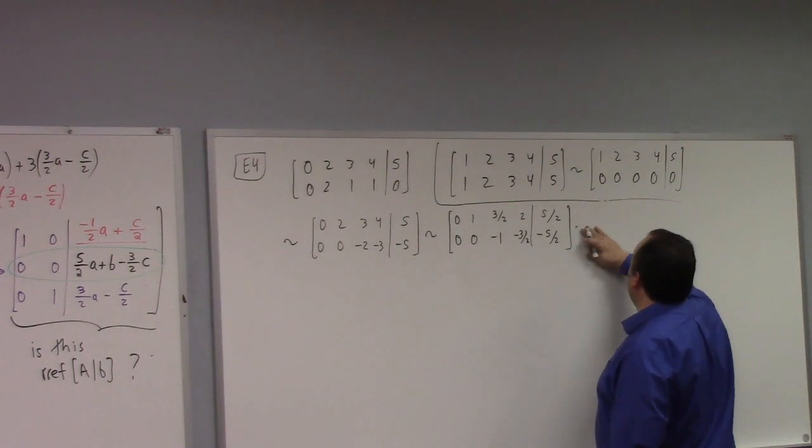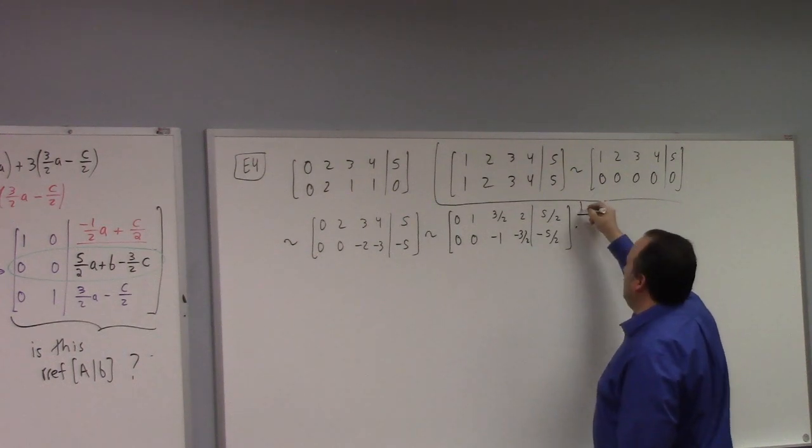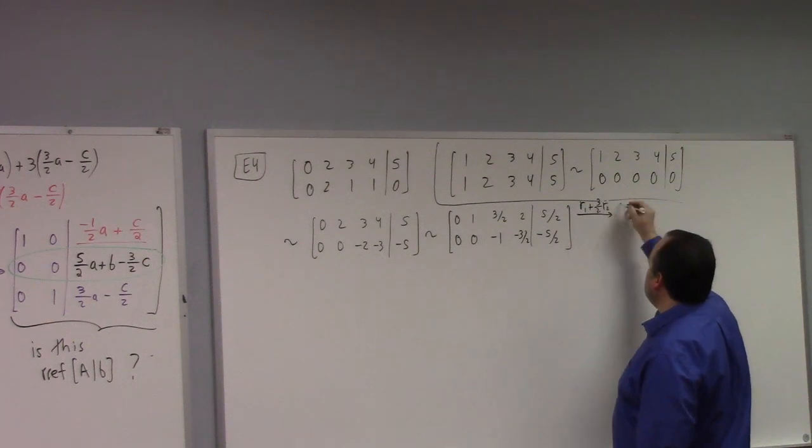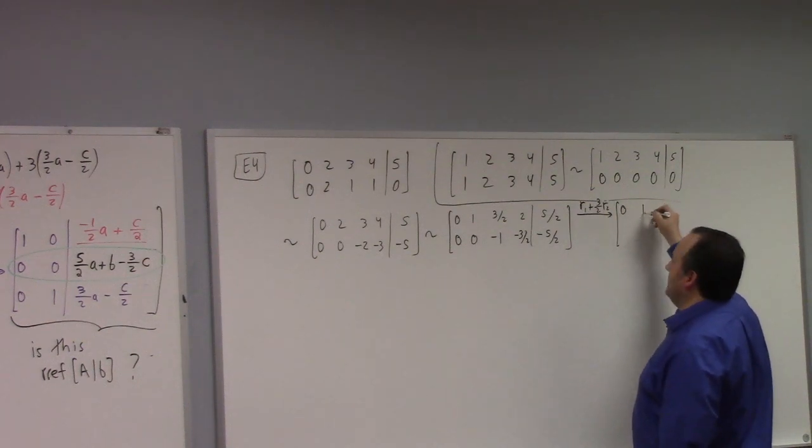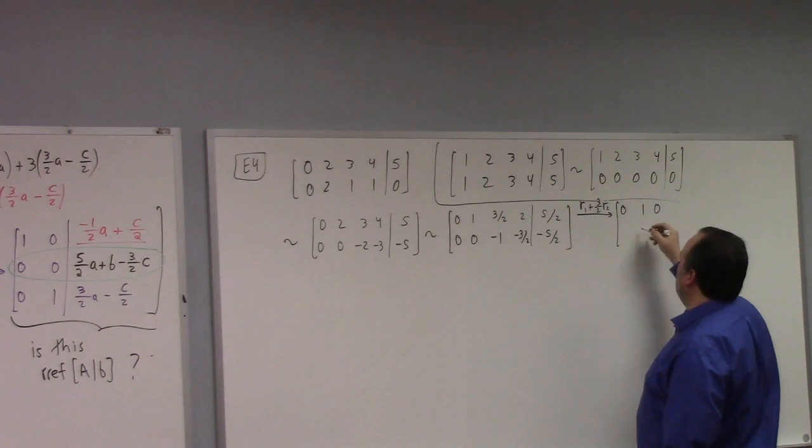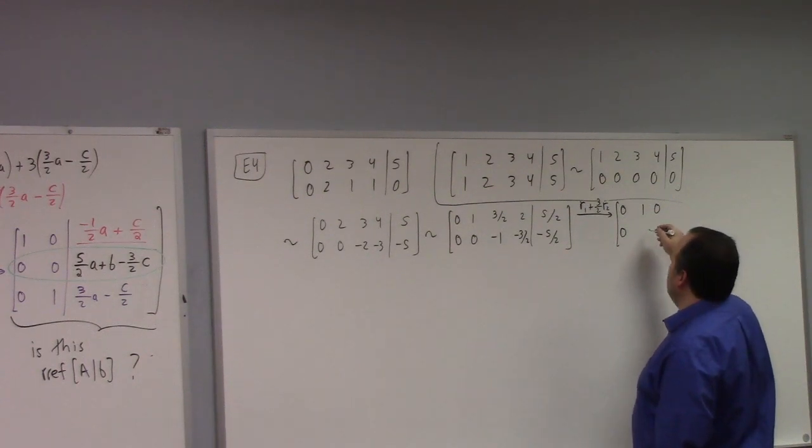Whatever. Fine, I'll show my work. So like row 1 plus 3/2 row 2, 0, 1, 0, 0, and fine, 0 minus 1.